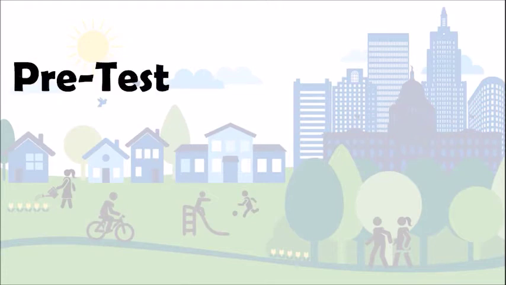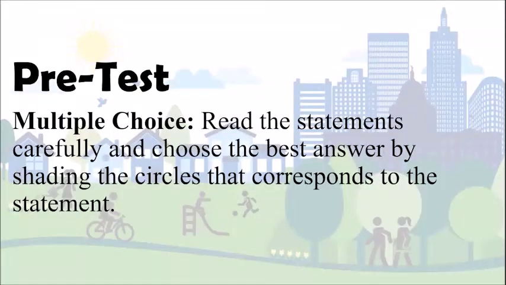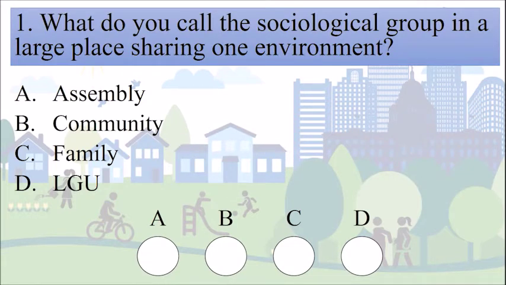Before we proceed to our lesson, let's answer these following questions. Multiple choice. Read the statements carefully and choose the best answer by shading the circles that correspond to the statement. Number 1. What do you call the sociological group in a large place sharing one environment?